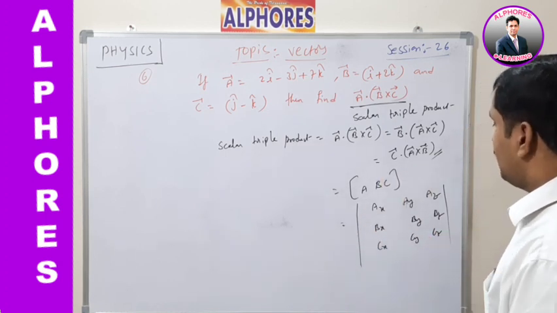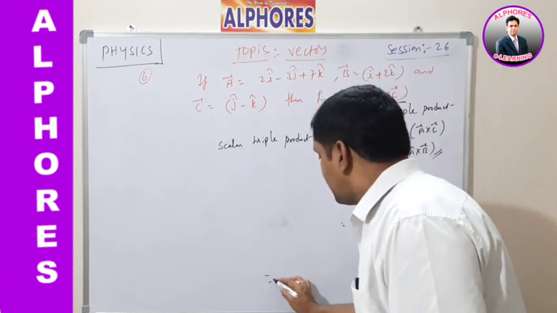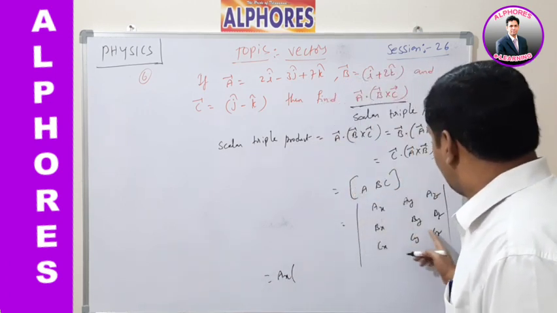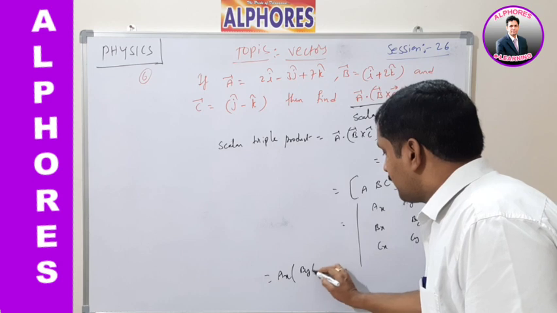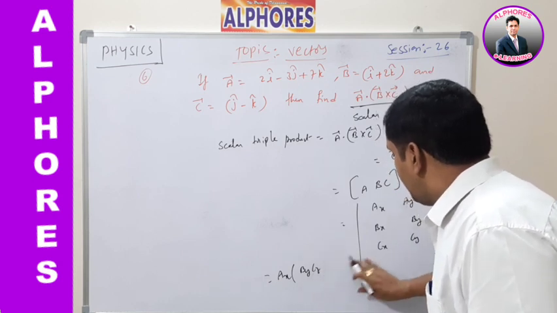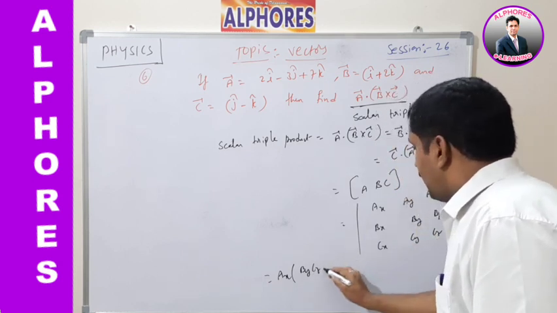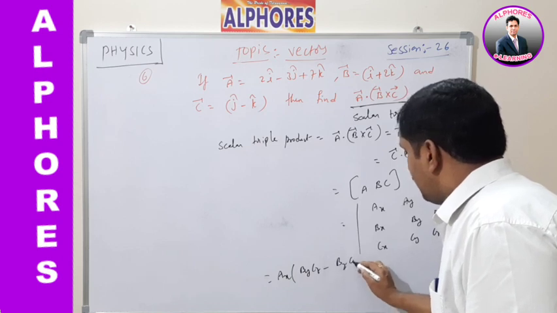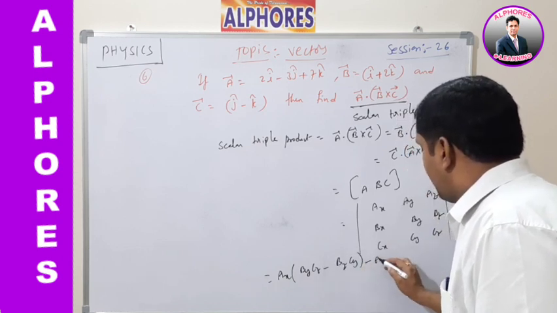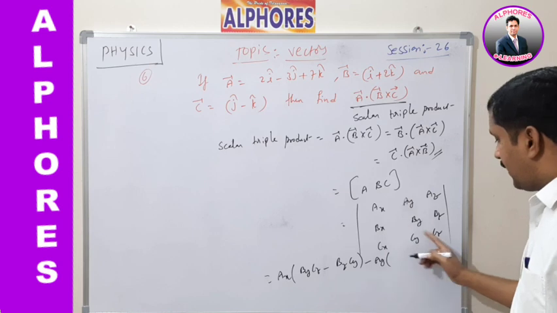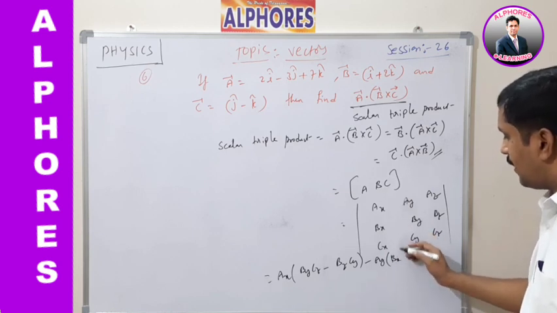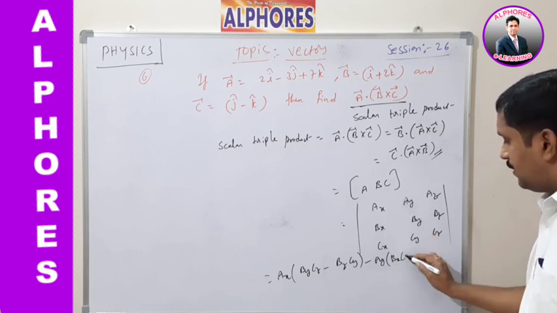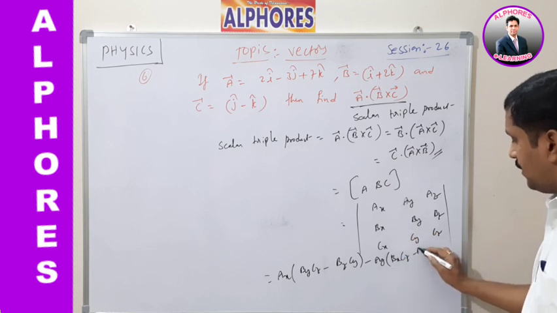In the same way, it can also be written as AX into (BY into CZ minus BZ into CY), minus AY into (BX into CZ minus BZ into CX), plus AZ into (BX into CY minus BY into CX). It is similar to the cross product of two vectors.